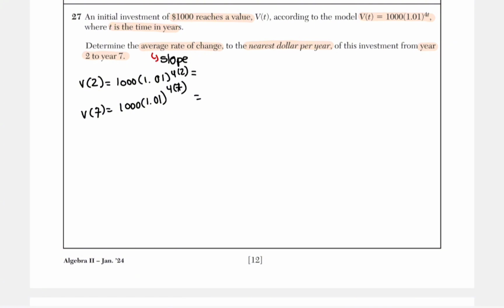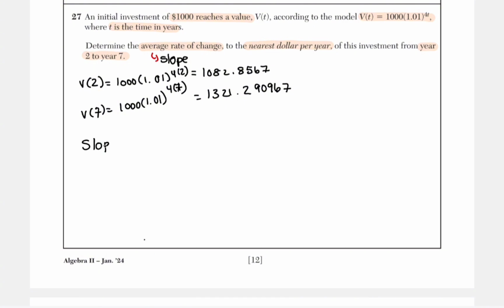When we plug that into our calculator, V2 is 1,082.8567 and V7 is 1,321.290967. So we found the values for each.